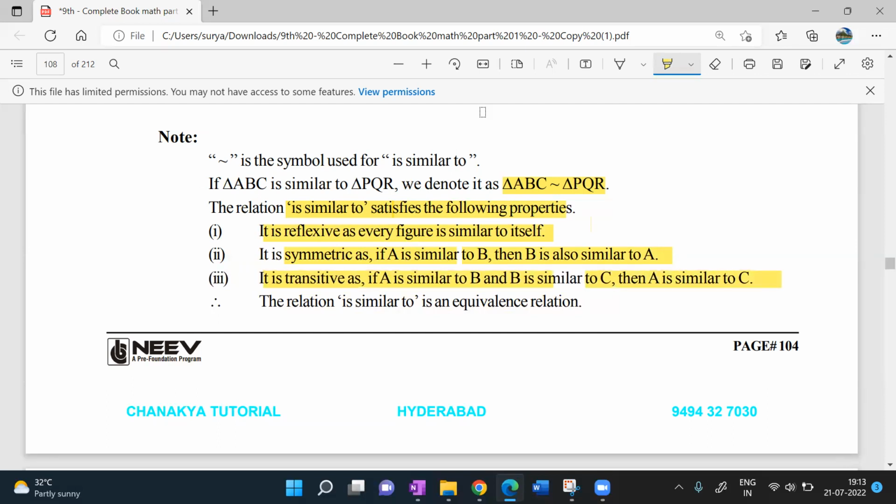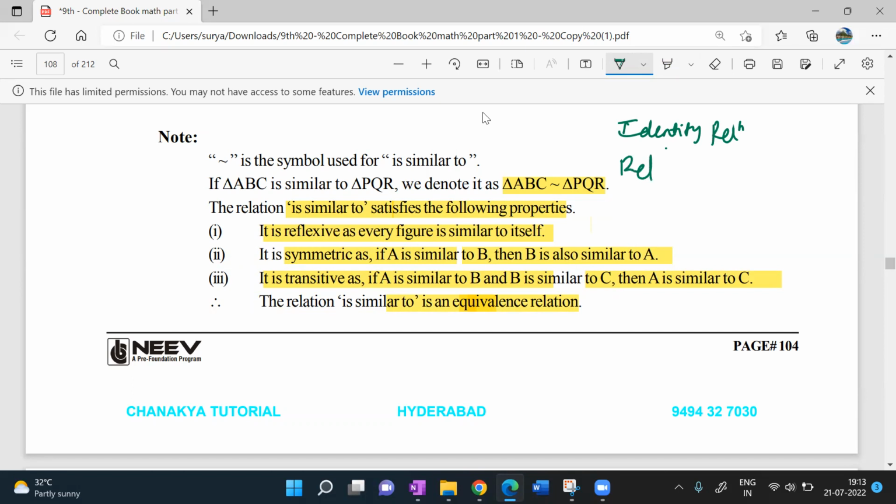Very, very important. This relation, similarity, is an equivalence relation. In class 12 also you'll be learning this, beta. There are types of relations. First is the identity relation.